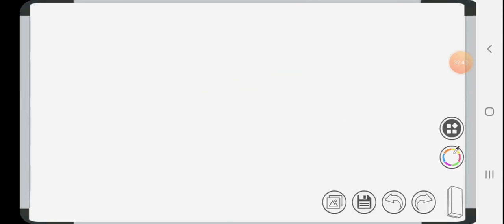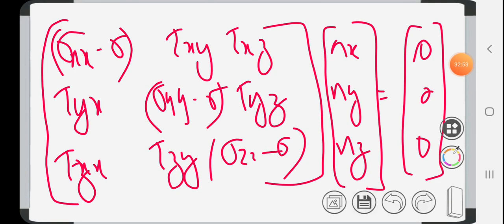Have you learned about using determinants to find the roots of a cubic equation? This will be a cubic equation. So students, these are the three equations we have derived in the previous slide. I have written that equation in matrix form.